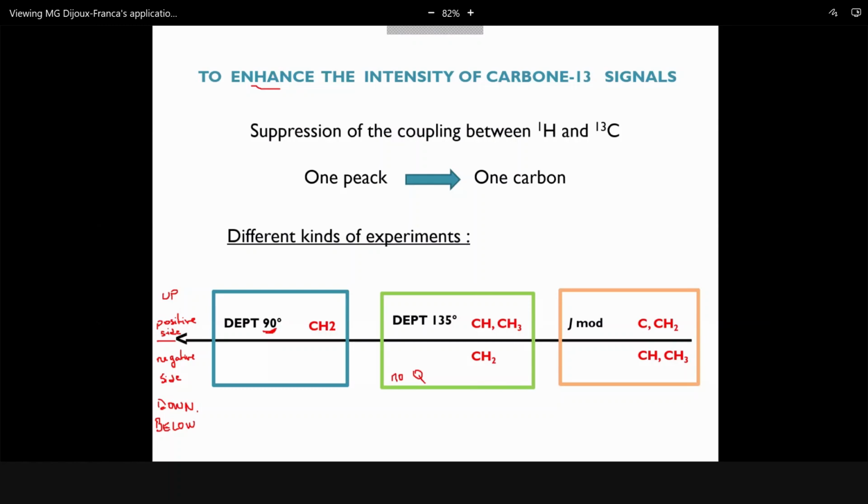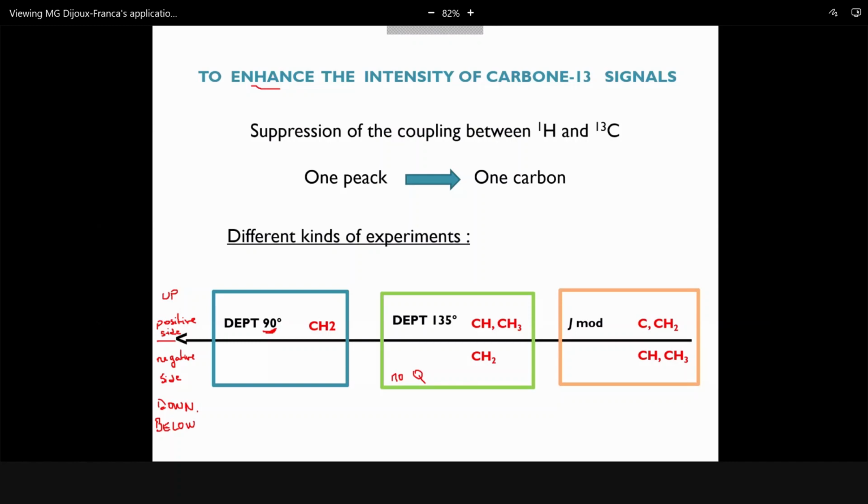And there is another experiment which is called J-modulated, for the coupling constant modulated. And then we have all the carbons, but quaternary carbon and CH2 are on the upper side and CH and CH3 on the lower side.